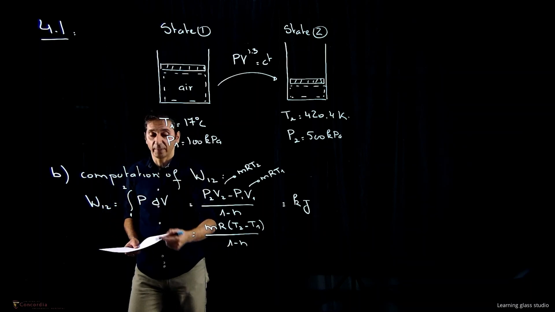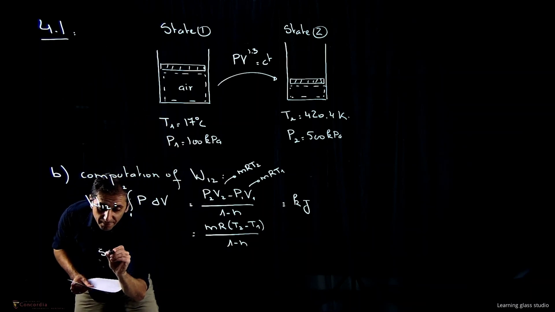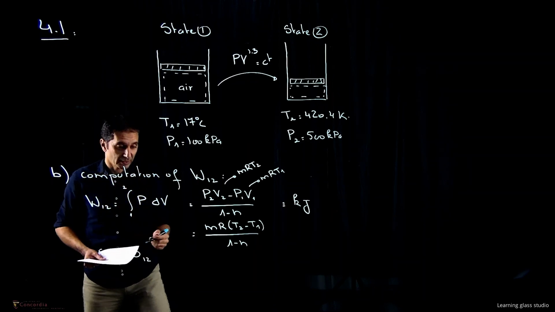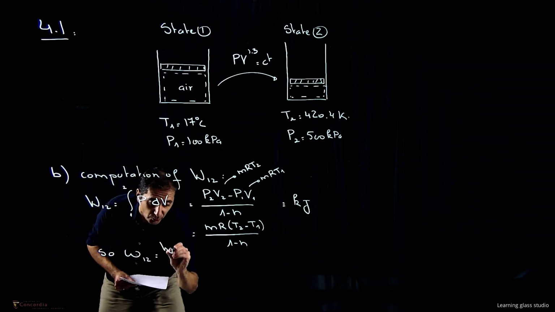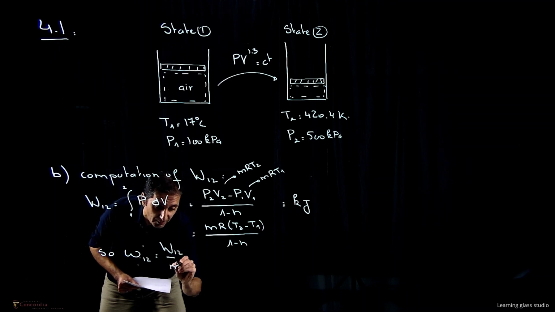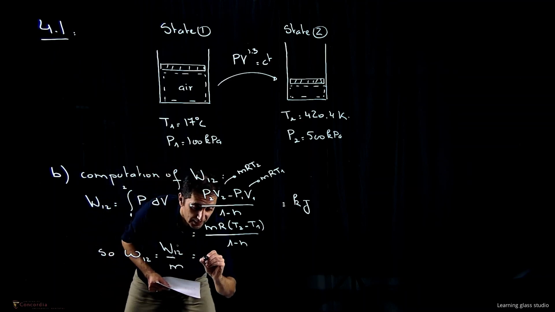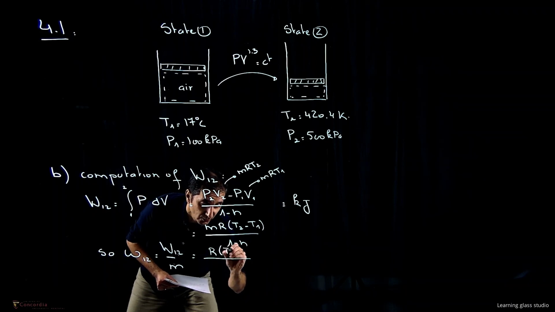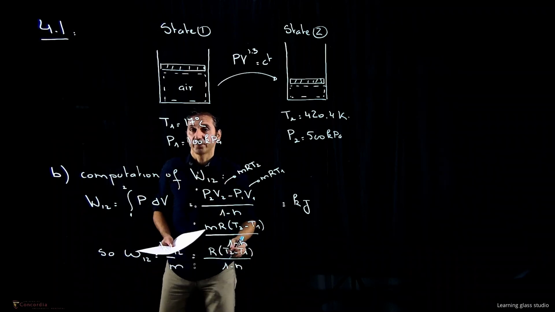And we can divide by the mass. So the work 1, 2, which will be in kilojoules per kilograms, is equal to the work 1, 2 over the mass, and it's equal simply to the gas constant cross (T2 minus T1) over (1 minus n).